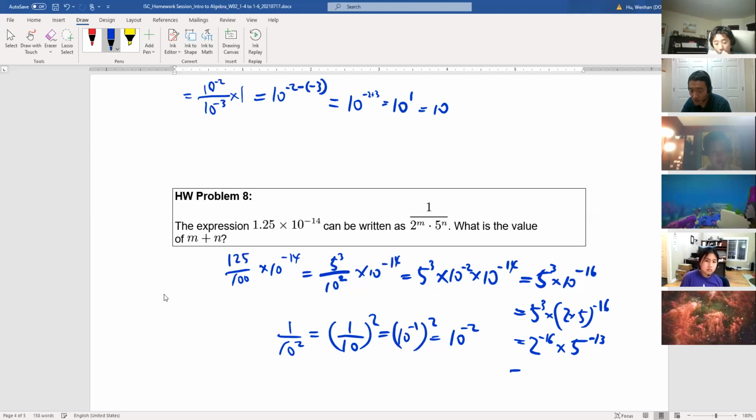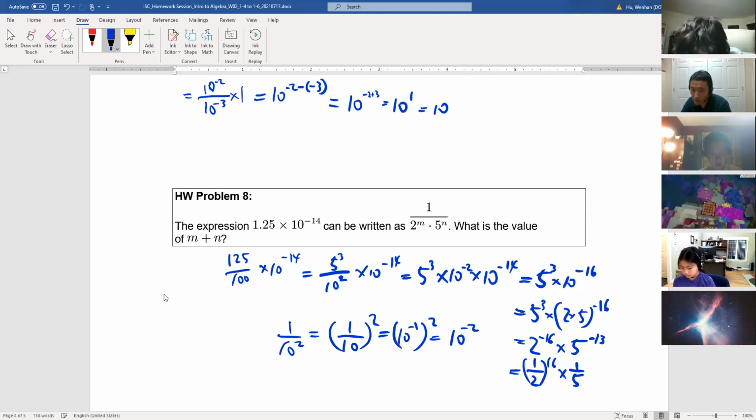And then this will be as the law for the negative exponent we just showed at the beginning of the session. I give up my negative sign here, but you go to your reciprocal.